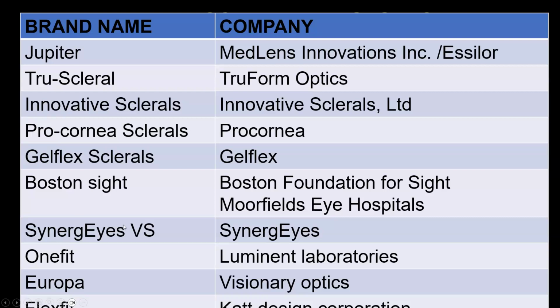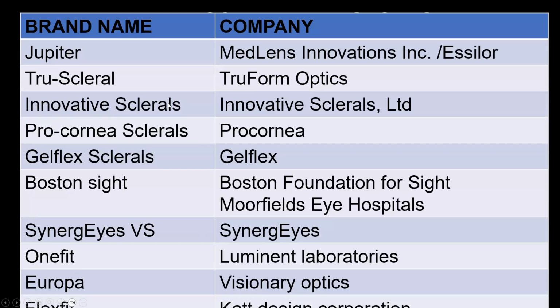I think in the UK they use mostly the Signature lenses. I think that's common, but in Europe most of the other European countries tend to use the Europa from Visionary Optics. And then the Boston design tends to be common in the US as well. But what is important is to stick to one and look at the parameters they have based on what you want from that.